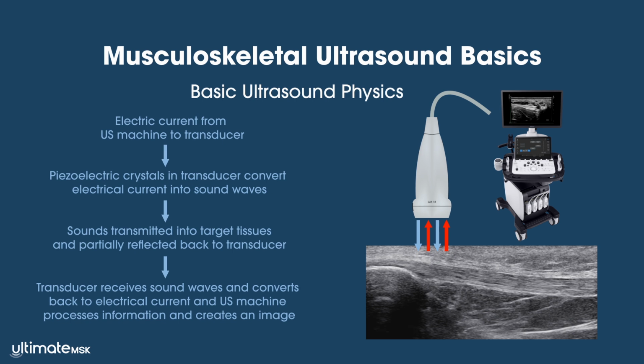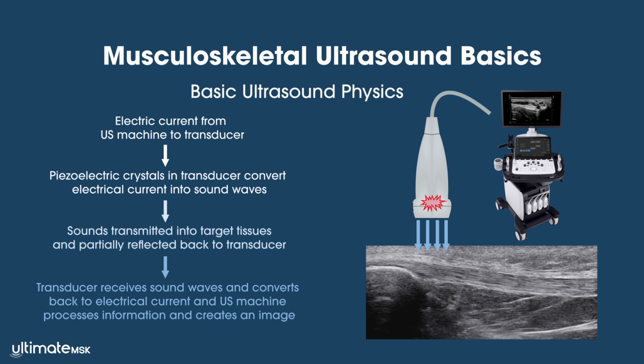The ultrasound machine sends signals to the target tissue through a transducer, which acts as both a transmitter and receiver. The process begins with the ultrasound machine generating an electrical current that is sent to the transducer. The transducer contains piezoelectric crystals, which convert electrical energy into mechanical energy in the form of sound waves.